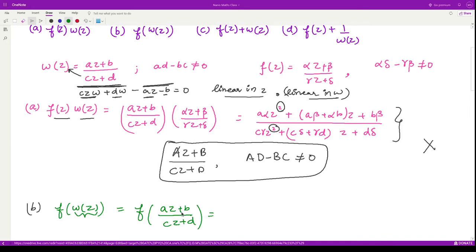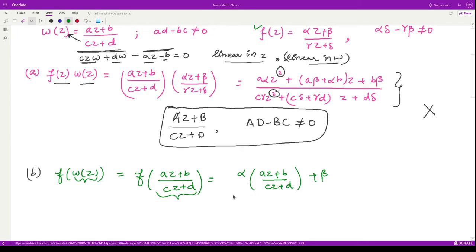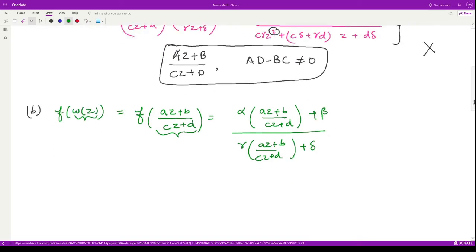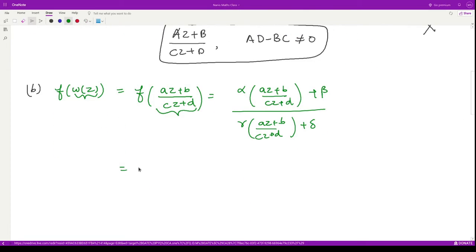And now we'll apply this factor into the definition of f. So we would have something like alpha into az plus b divided by cz plus d, plus beta, and then divided by gamma into the same factor plus delta.